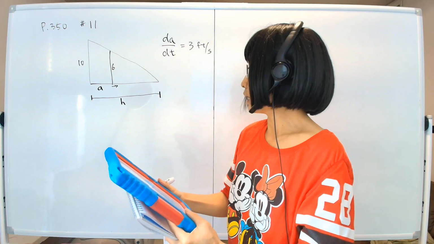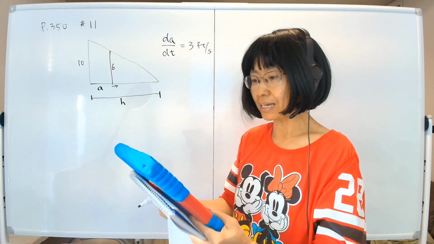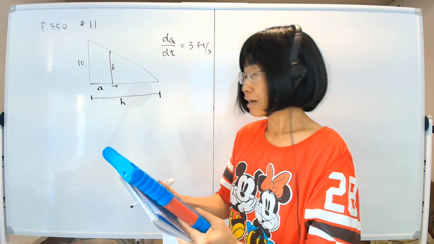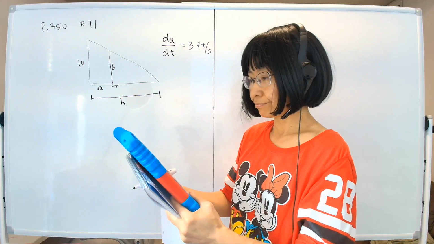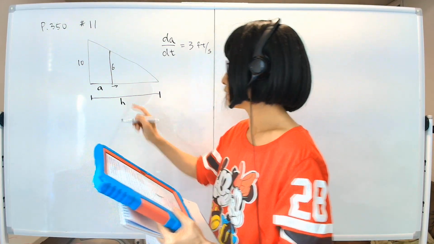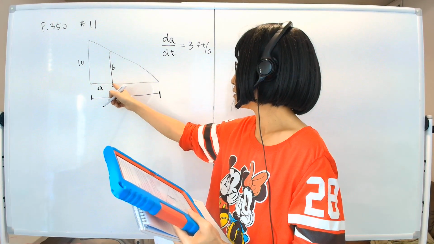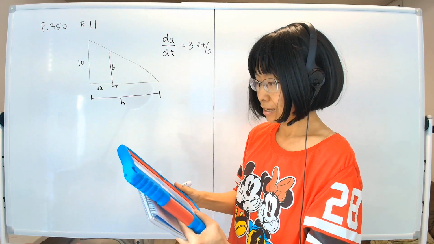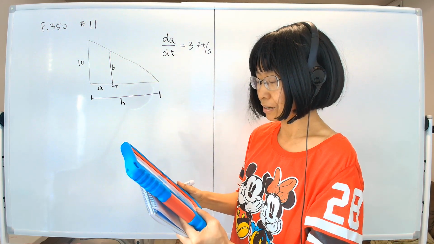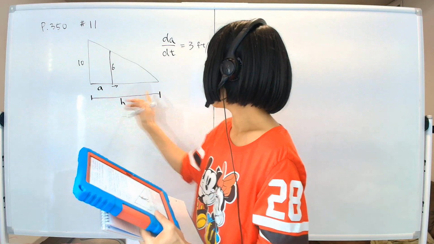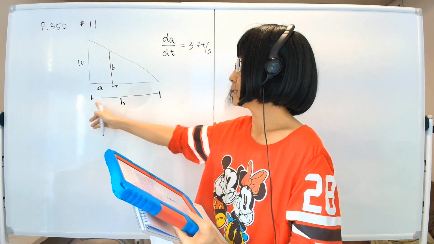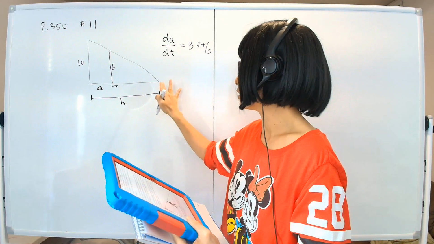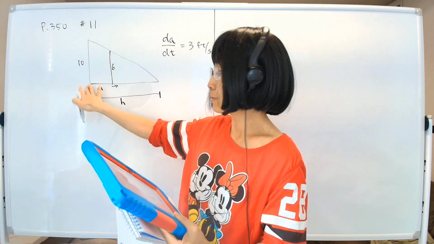What we're trying to figure out is how fast the tip of the shadow is moving away from the pole. That is this point, the distance h, the tip of the shadow from the pole.